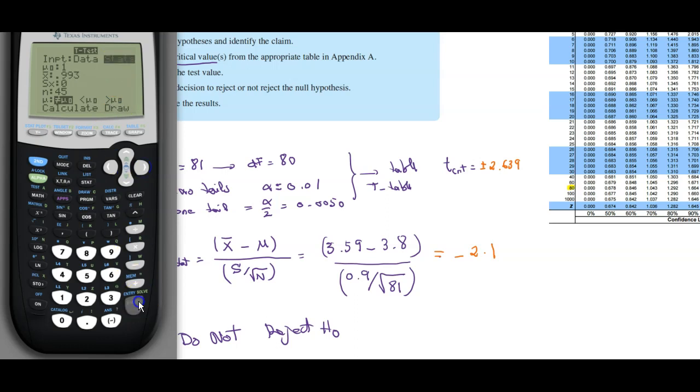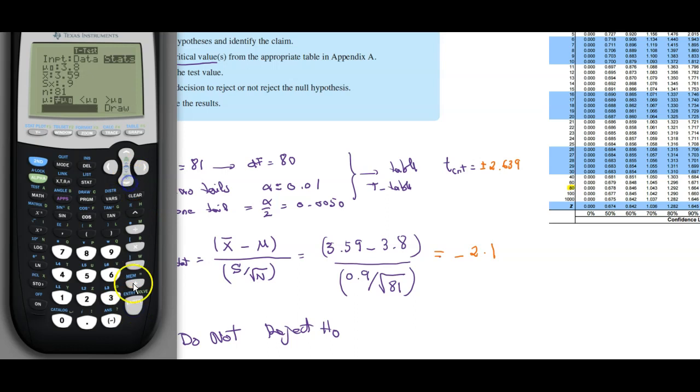You're going to go with stats, and then you're going to put the value of mu0, and that's going to be 3.8, and then x bar, which is 3.59, and then the s value, which is 0.9, and then you can put the n, which is 81, and then you have to state the hypothesis, which is 2 tails, so different than mu0. Different than mu0 means different than 3.8.